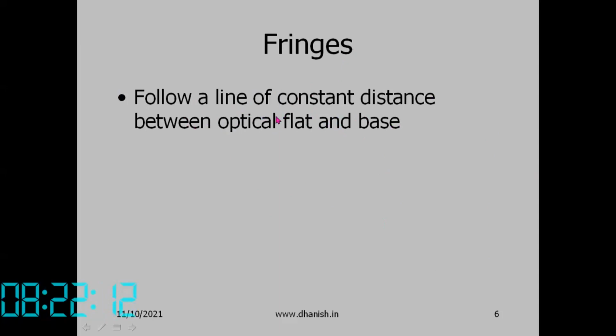The fringes form a line of constant distance between optical flat and base. So wherever the gap height is the same, there will be a line along that, because the path difference is constant along that line.